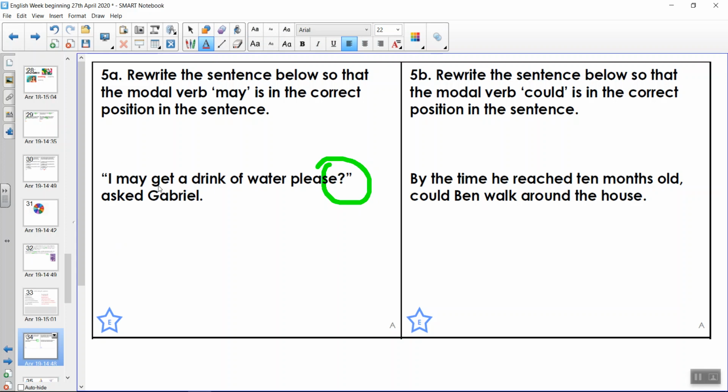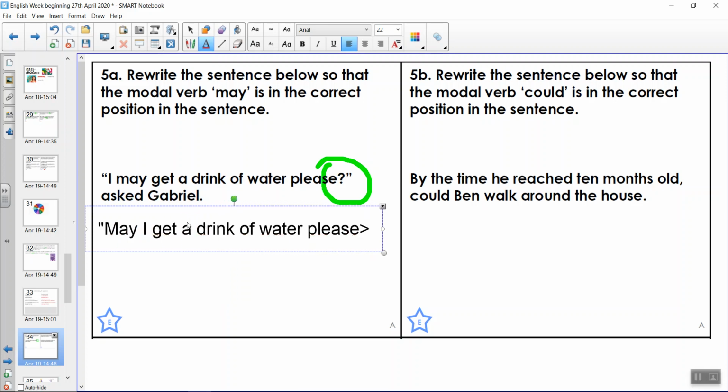May I get a drink of water, please? Asked Gabriel. At the minute it says, I may get a drink of water, please. That's a statement. To turn it into a question, I've got to move may to the beginning of my sentence, including my inverted commas. It looks like this. May I get a drink of water, please?